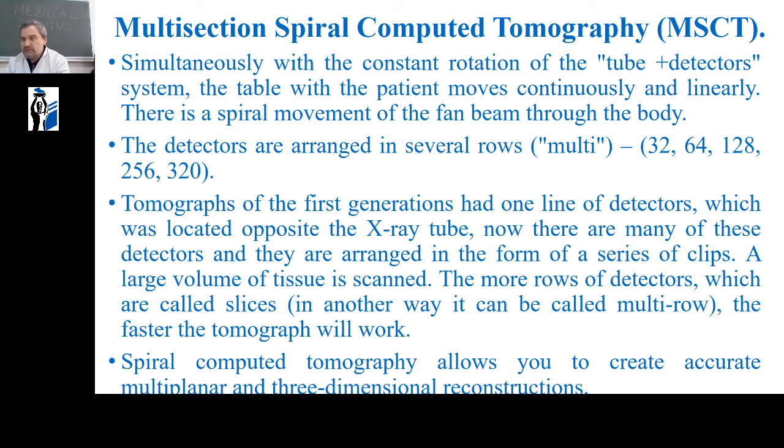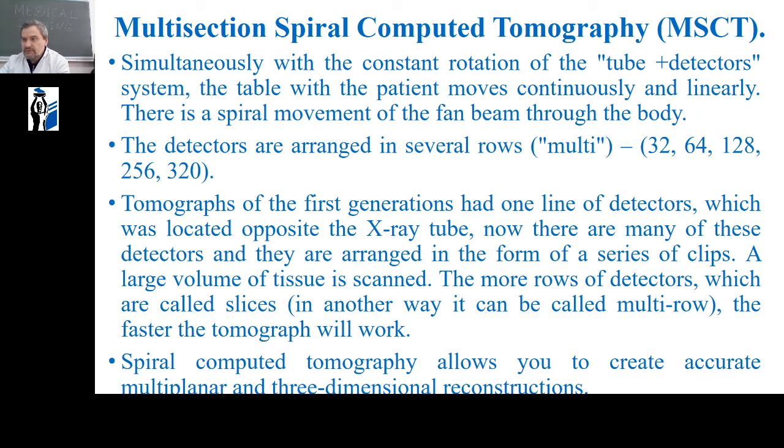There is a spiral movement of the fan beam through the body. The detectors are arranged in several rows. Multi. The number of rows is 32, 64, 128, 256, 320.